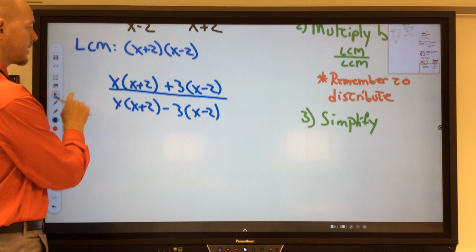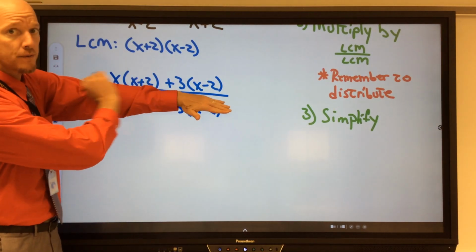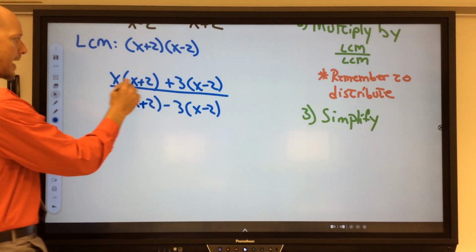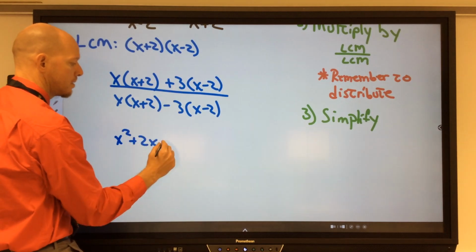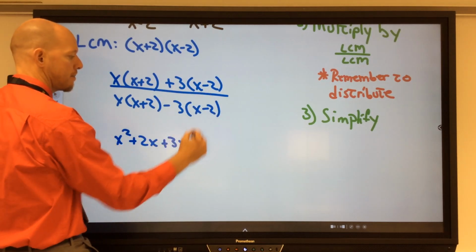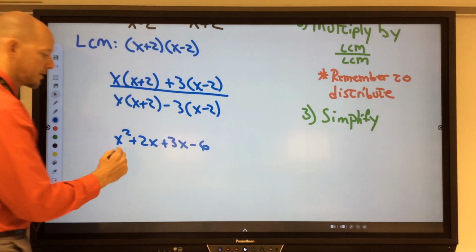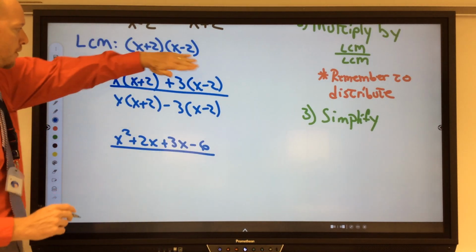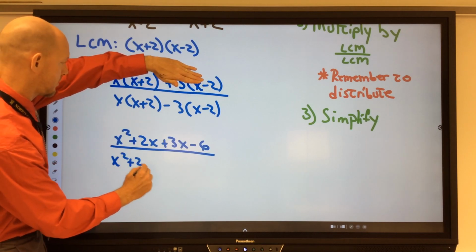Slide on up. Now I'm happy, and I'm just looking at my numerator here. x times x is x squared, plus 2x, plus 3x, minus 6. So there's my numerator. Now I'm looking just at my denominator. I've got an x squared, I've got a plus 2x.